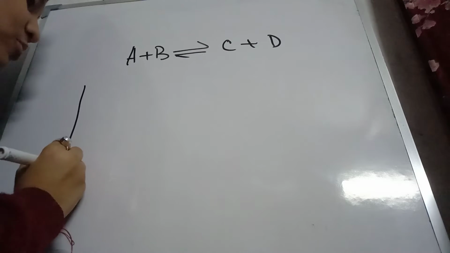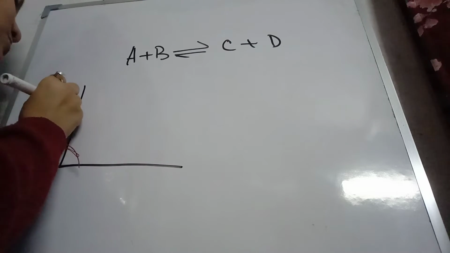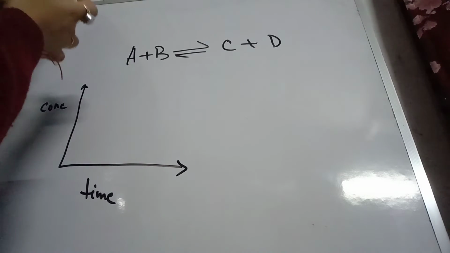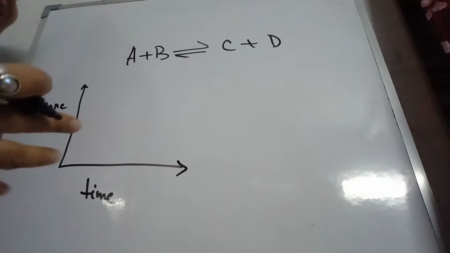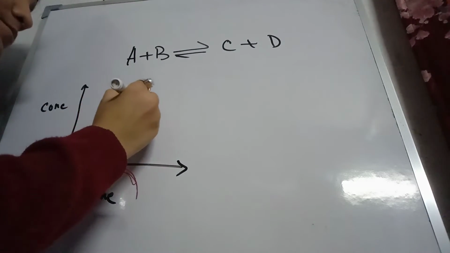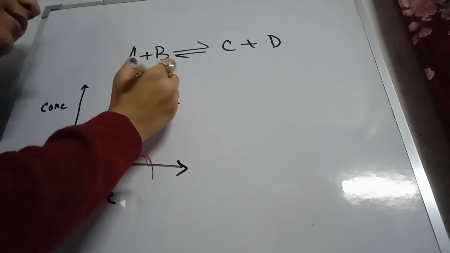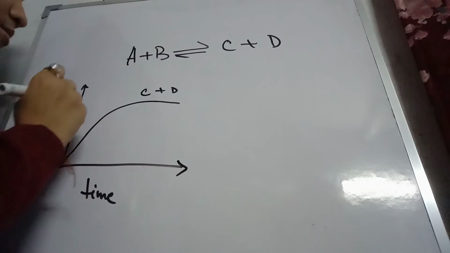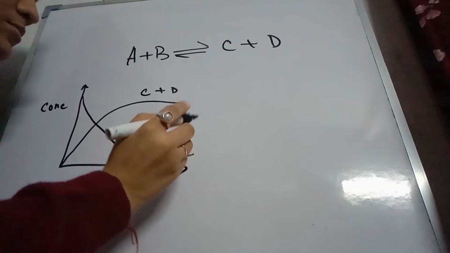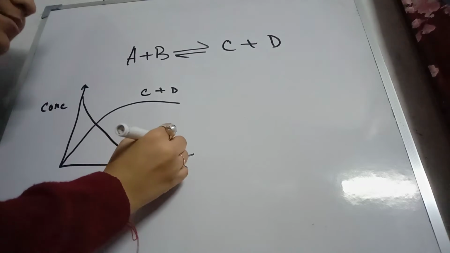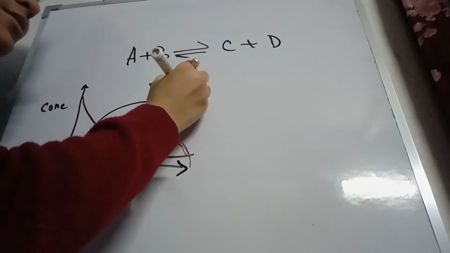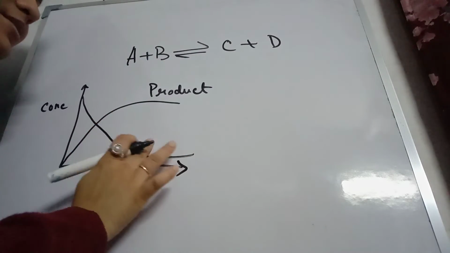Now when we are talking about concentration, then definitely we are talking about concentration of reactants and product with time. So here what's happening with passage of time, concentration of the product increases. So this is my C, D, this is A and B, or I can just write it in general form, product, and this is my reactant.